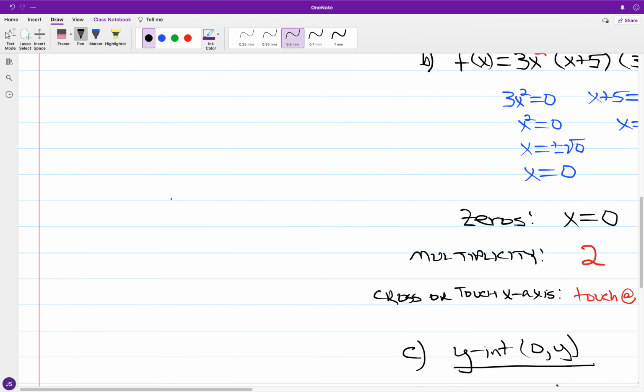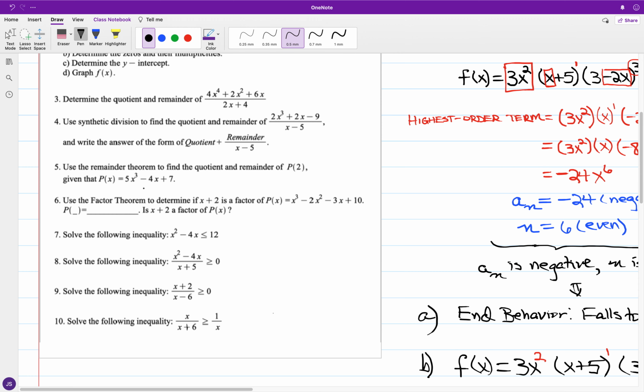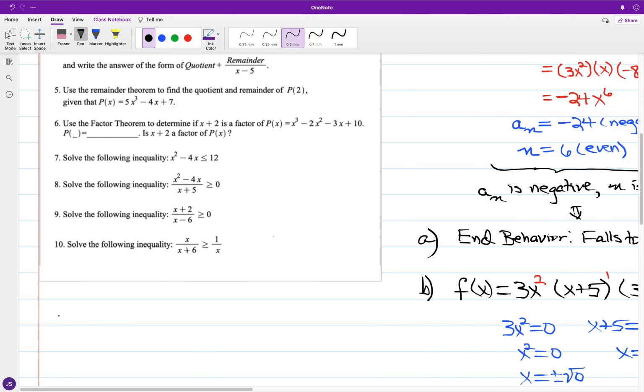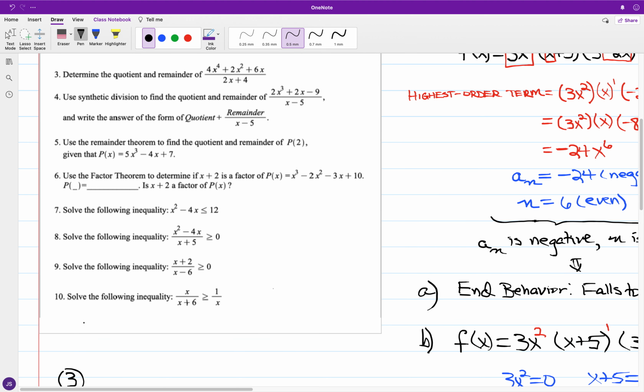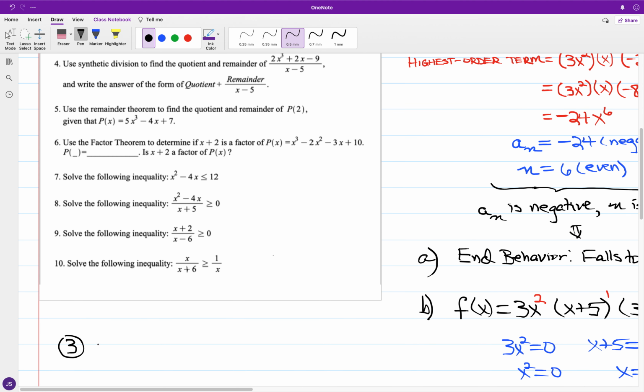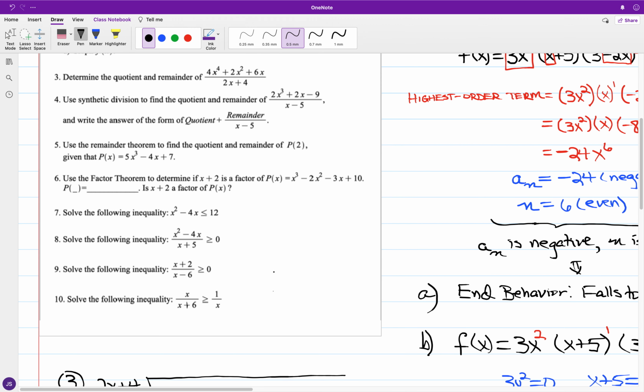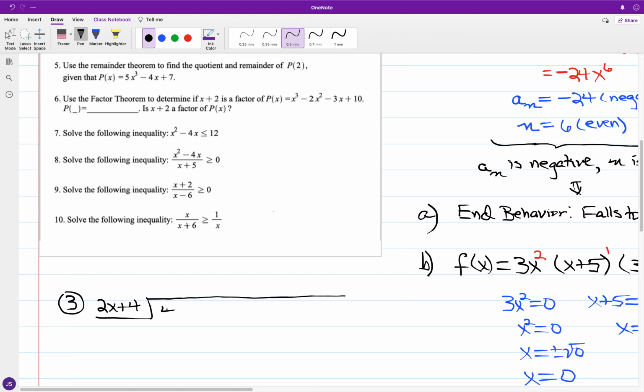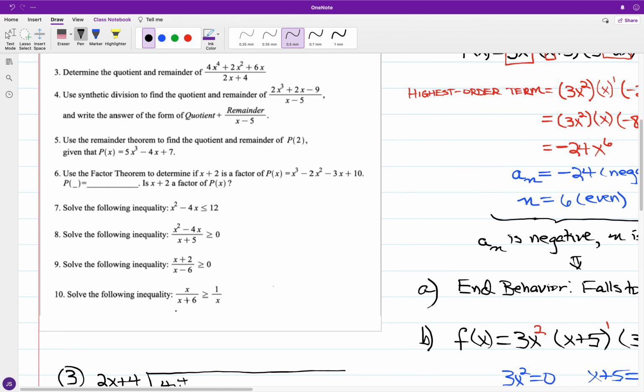If I set this up in division terms, I have 2x plus 4 going into 4x to the 4th plus 2x squared plus 6x.